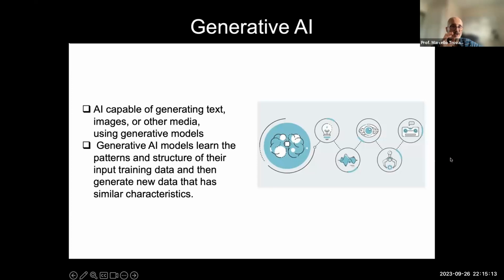They need loads and loads of data. By using large quantities of data, the system will learn specific patterns and structures that will imitate the type of the training data set that has been used.